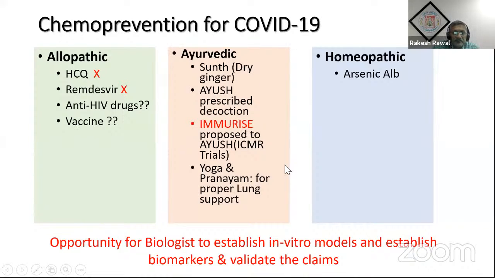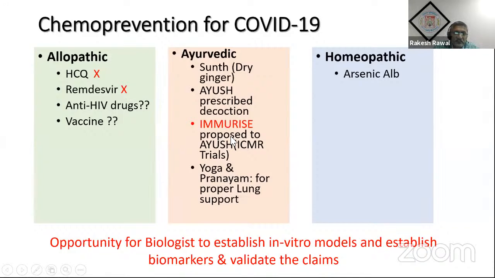At the same time, Ayush gave a push and entered into the active chemopreventive or therapeutic regimen, with various mono-herbal or polyherbal formulations like Sunti. Sunti is dried ginger powder. And there are many Ayush-prescribed decoctions. You must be taking all those decoctions, kada and so on. This is where Immunize, one of our proprietary polyherbal formulations, comes in, and it has got approval from Ayush, Government of Gujarat, for conducting clinical trials.